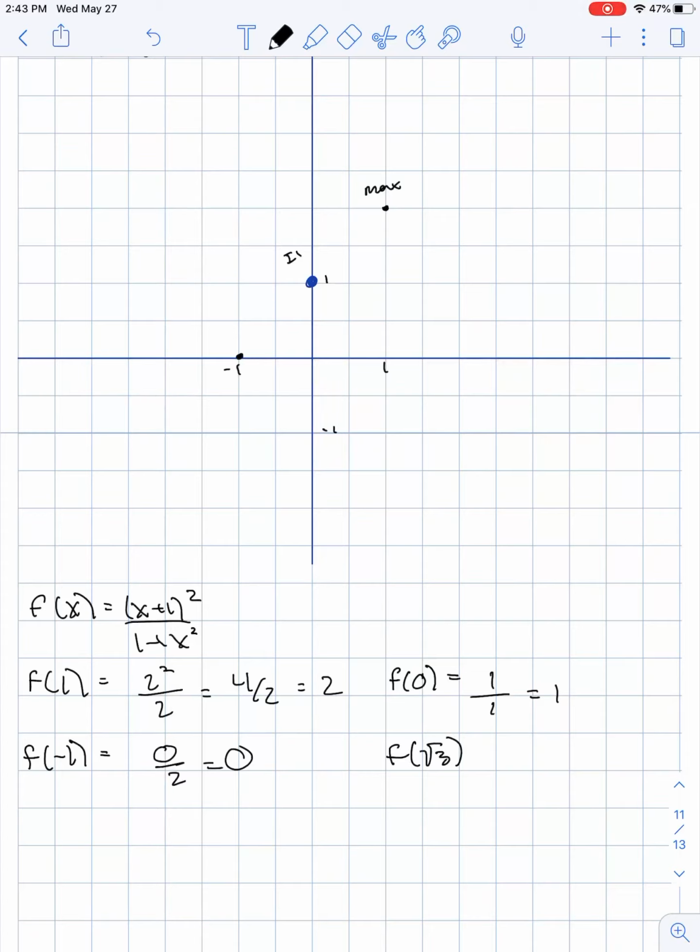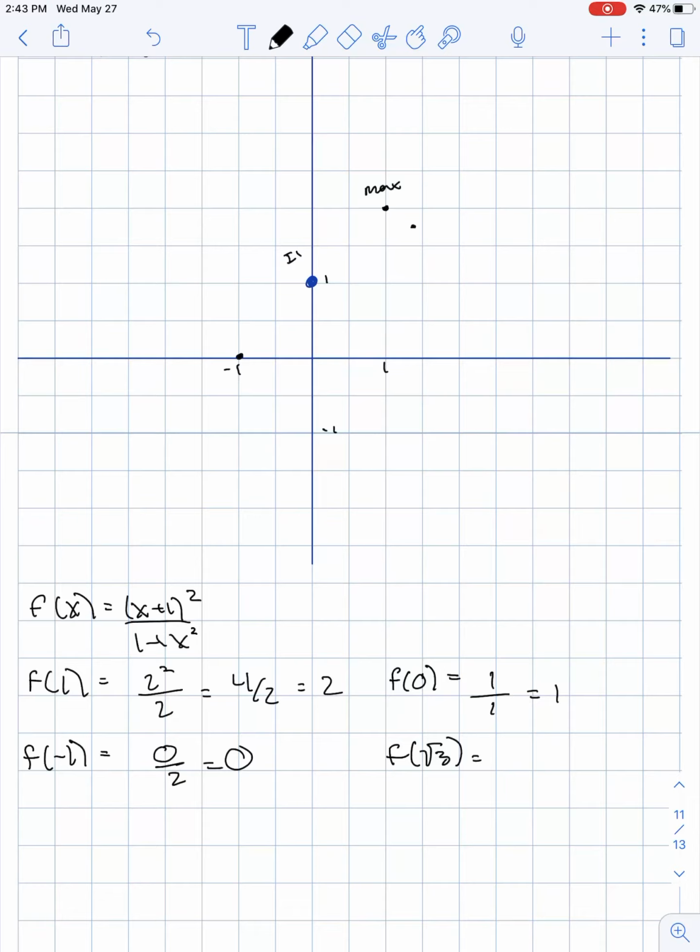F of the square root of 3 is somewhere under 1. I don't have a calculator, but I think it's right around here.